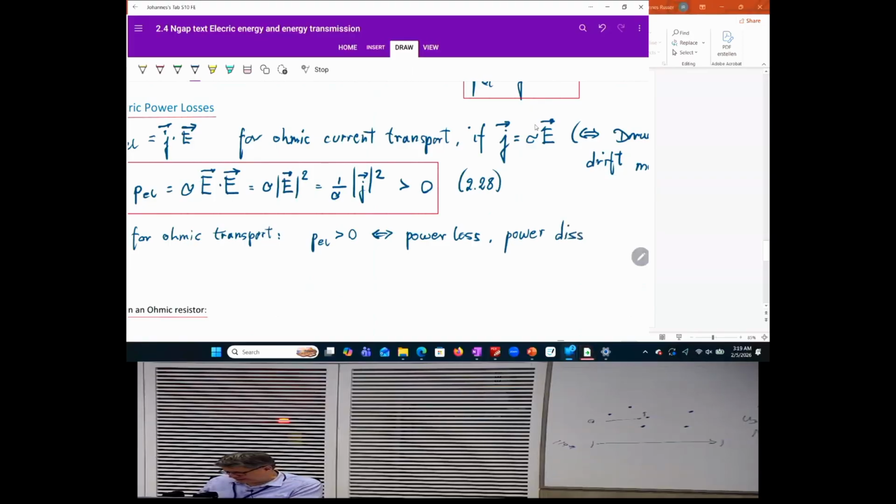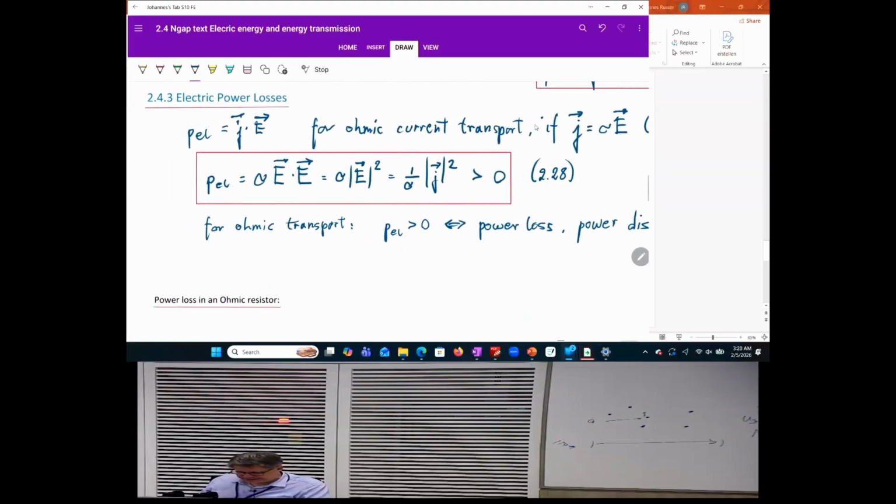So this is power loss, and basically the power is being absorbed. This is power dissipation, energy per time that is being absorbed, or vanishing, dissipated. In consequence, this will be converted in this ohmic transport into heat. This is where your loss power goes. So remember, this here is the power density.